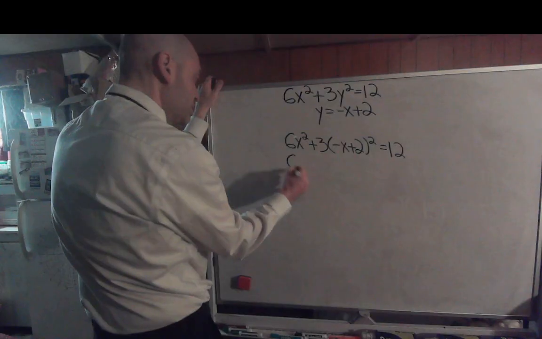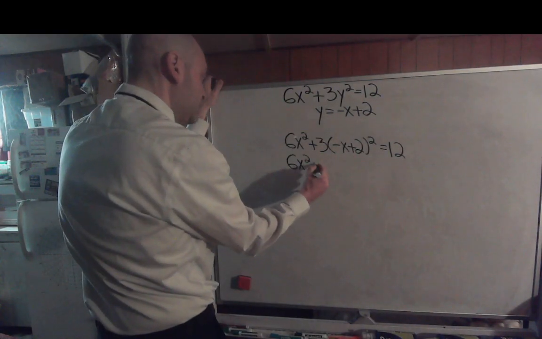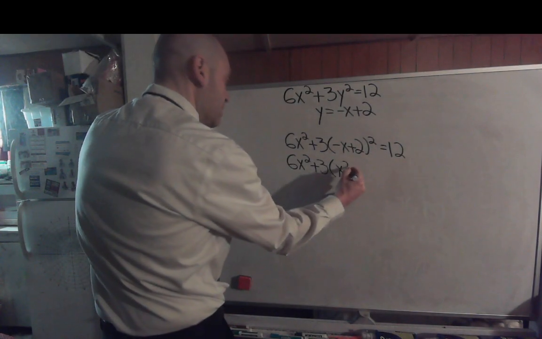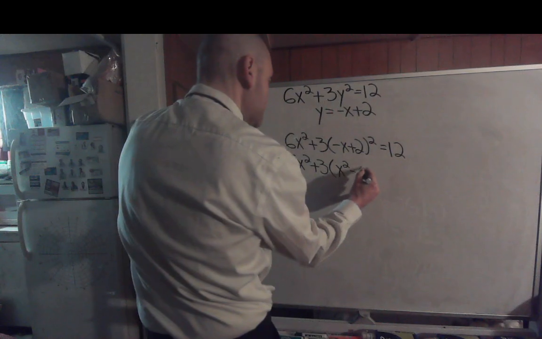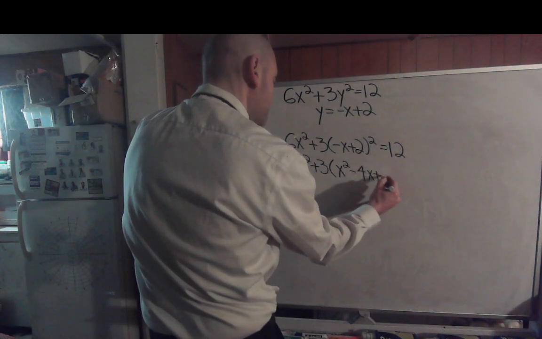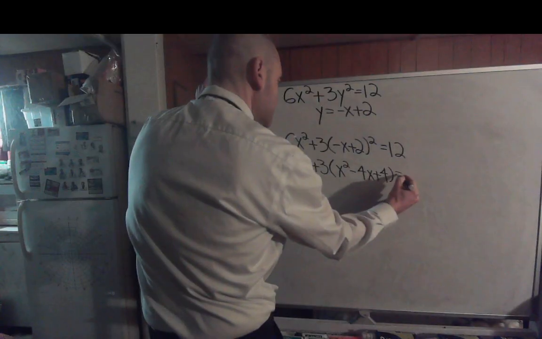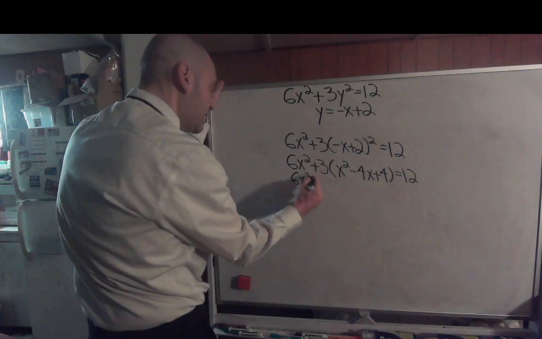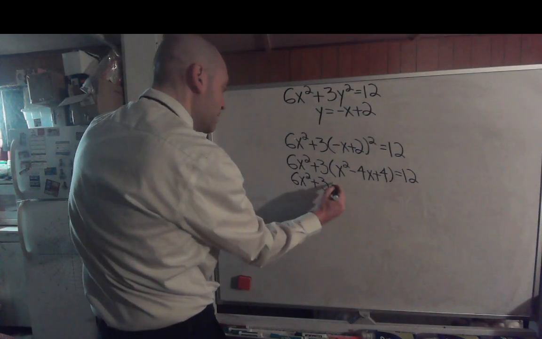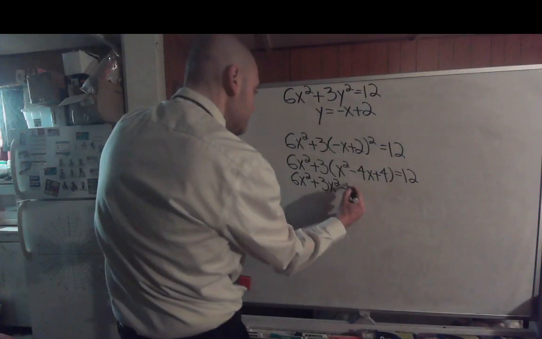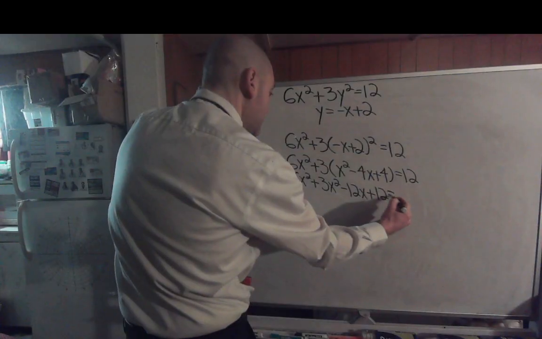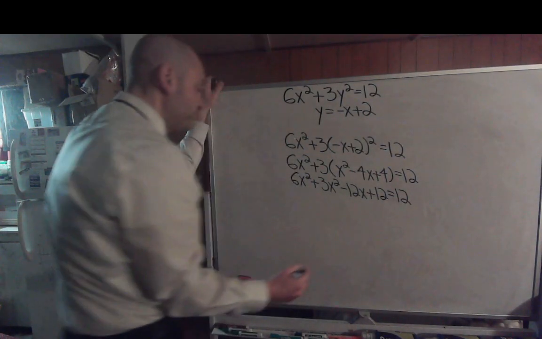So then this will turn into 6x squared plus 3 times (x squared minus 4x plus 4) is equal to 12. So you would get 6x squared plus 3x squared minus 12x plus 12 equals 12.